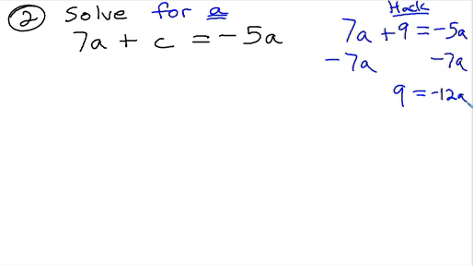All right, if I was going to solve that thing for A, I need to get my A terms together. So we're going to do the same thing on my real problem. I'm going to subtract 7a. So on this side, I have C equals negative 12a.